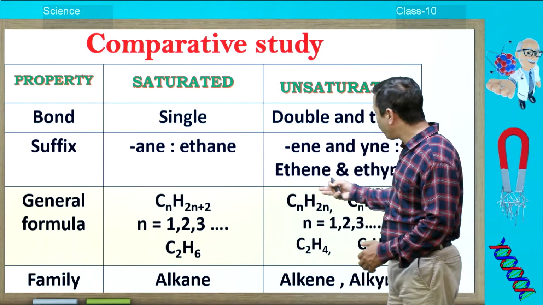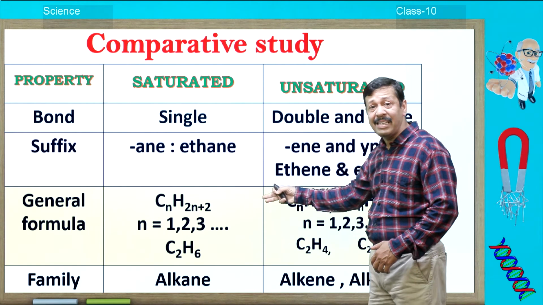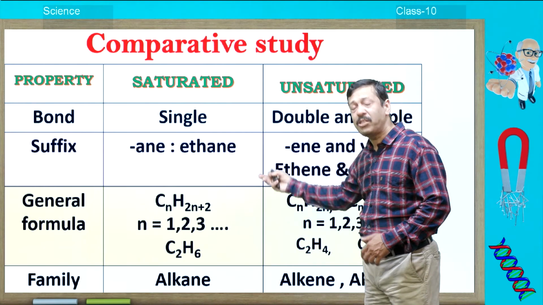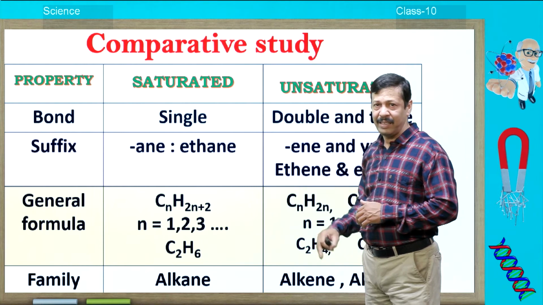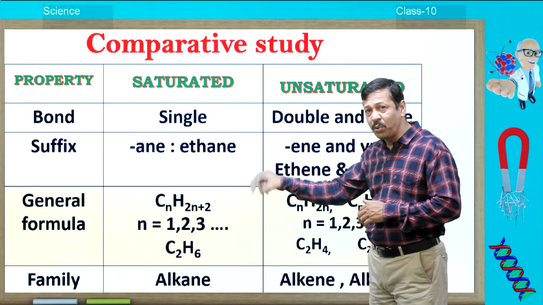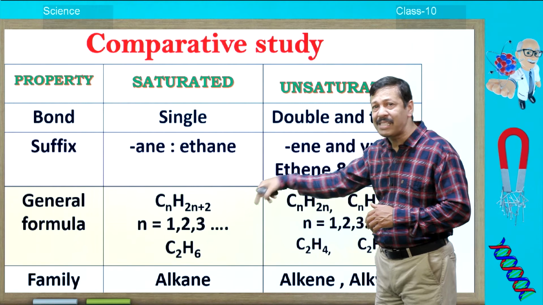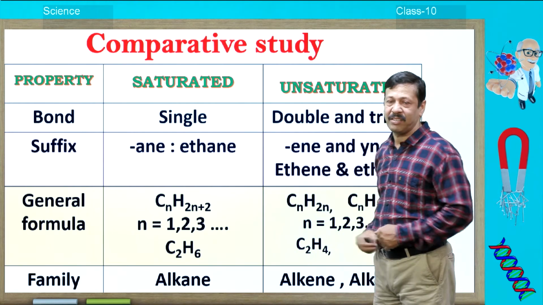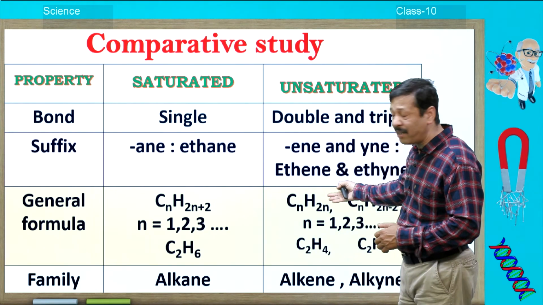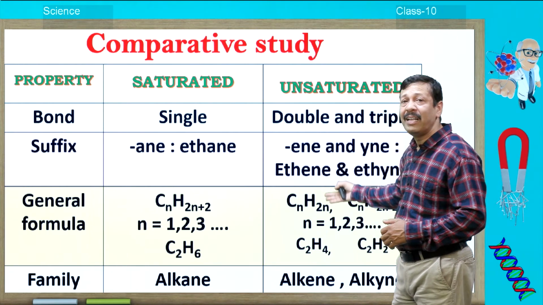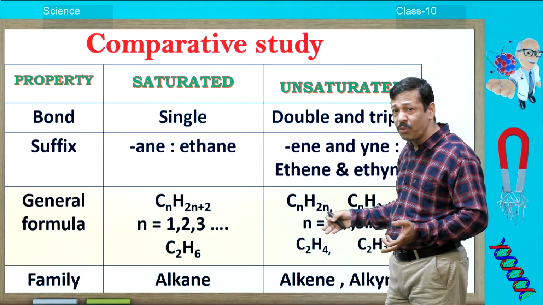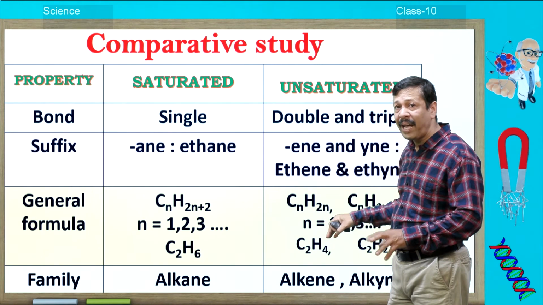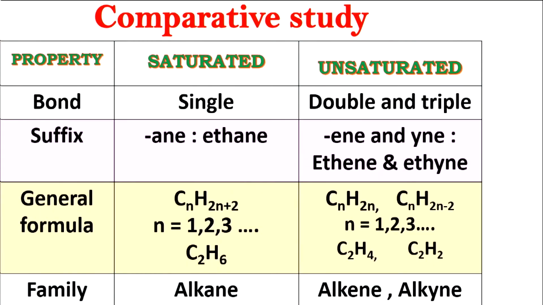Now, the general formula for the alkanes is CnH2n+2. Example, ethane, where n is equal to 2, 2n is equal to 4, plus 2 means 6, hence C2H6. Then what about this one? Alkenes have CnH2n. Let us say n is equal to 2, then 2n will be 4, hence ethene has the formula C2H4.